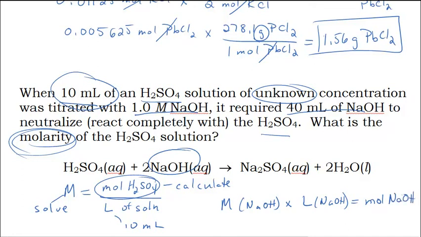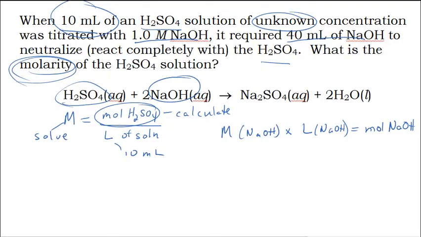Once we have moles of NaOH, we can apply the mole ratio to get to moles of H2SO4, and then we can calculate the molarity of that unknown solution. Sound like a plan? One thing I didn't do in this equation is a very good job with significant figures. So let's assume we have 3 significant figures in these numbers to carry through this calculation.